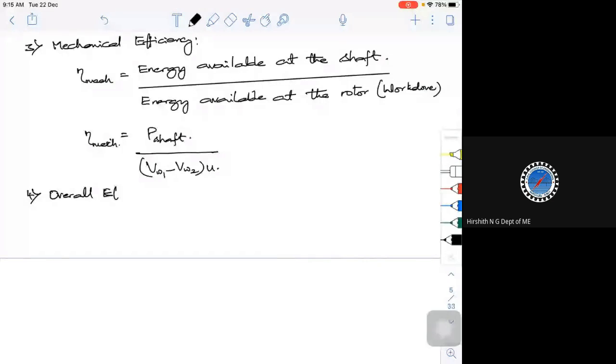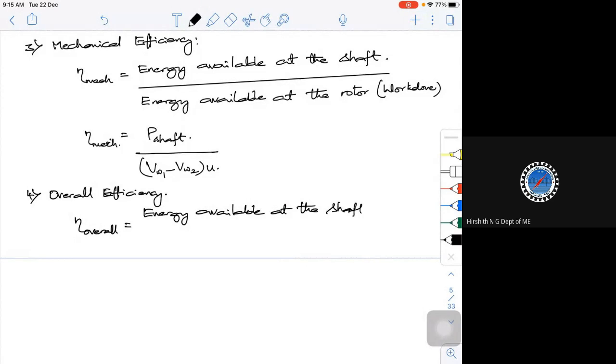It is the energy available at the shaft to the energy supplied by the fluid, or the energy available with the water.